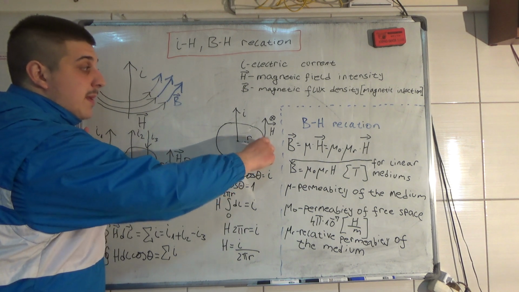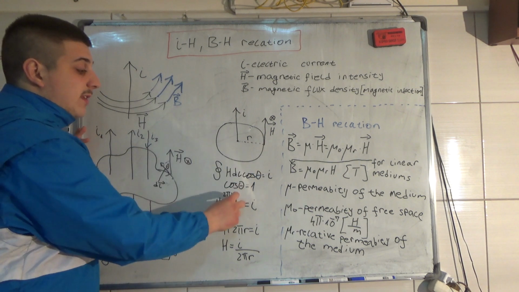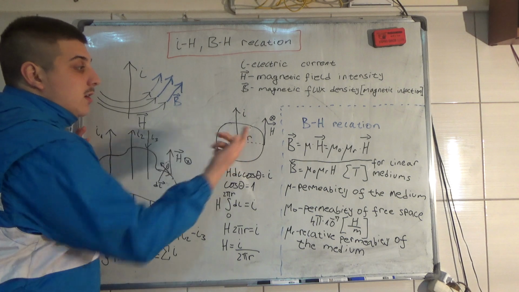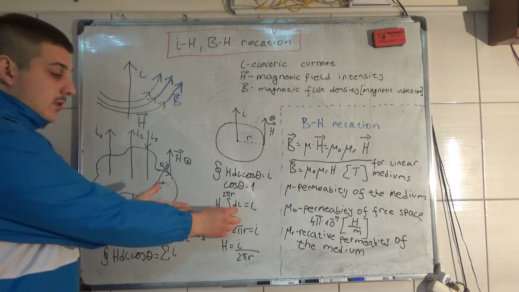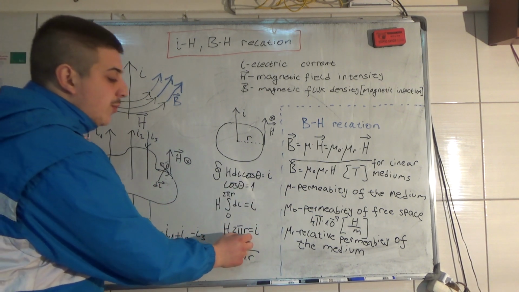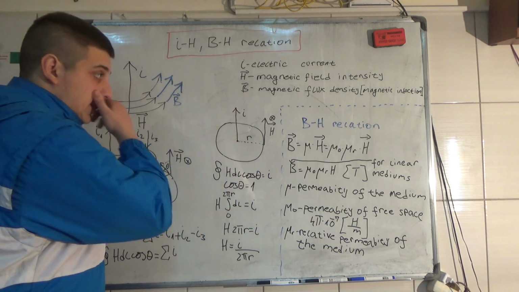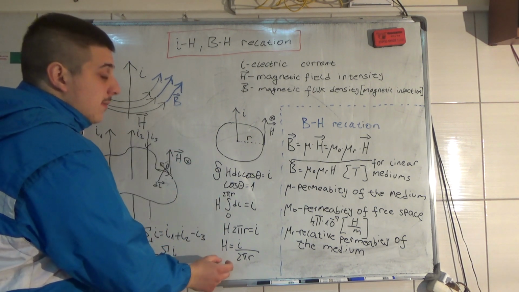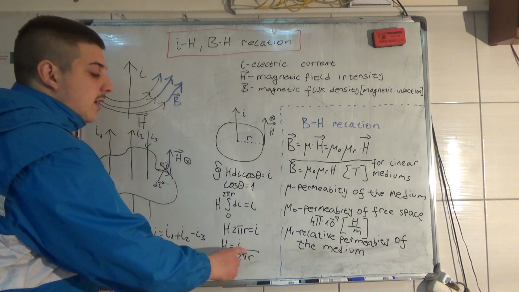It starts here, makes the circumference of the circle, and the length of that circumference is 2πr. R is the radius of the circle. So when you do this integral, it's very easy. You get H times 2πr is equal to I. We have only one current that goes through the circle, and then we get the magnetic field intensity is equal to the current divided by 2πr.